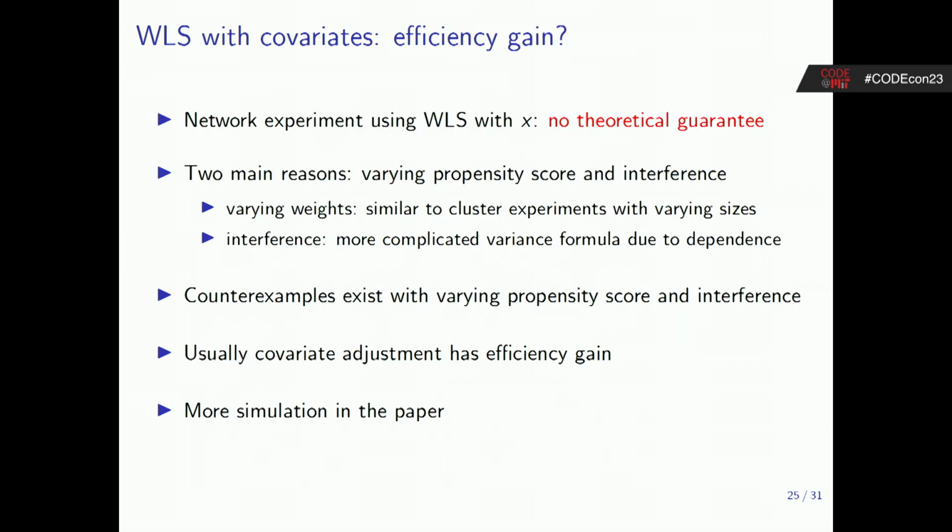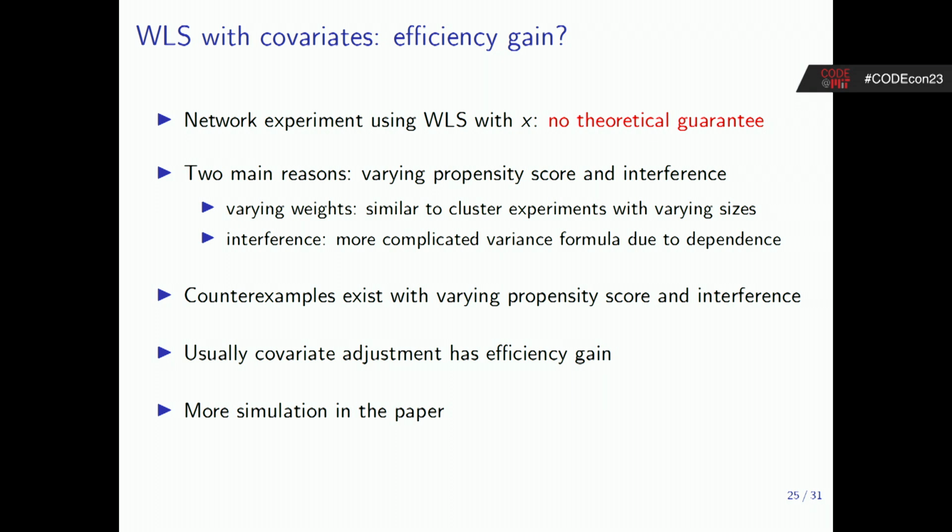In theory, unfortunately, we cannot show that the regression with covariates can always improve efficiency. No theoretical guarantee. Two reasons. First, the propensity scores are not constant. Second, we have interference. With different propensity scores, even in a simple case, we cannot show covariate adjustment improves efficiency.